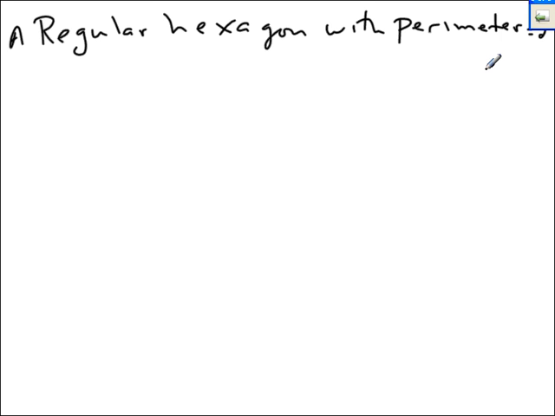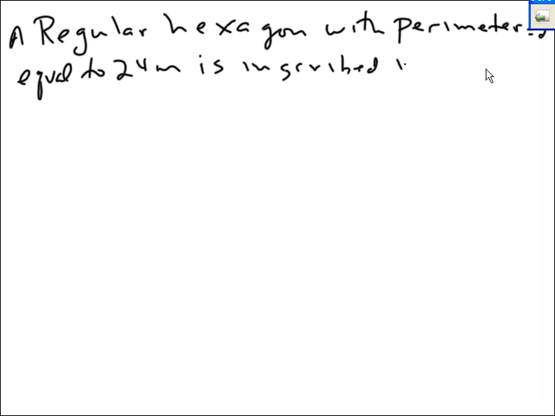A regular hexagon with perimeter equal to 24 meters is inscribed inside a circle. What is the distance from each side of the hexagon to the center inside a circle?